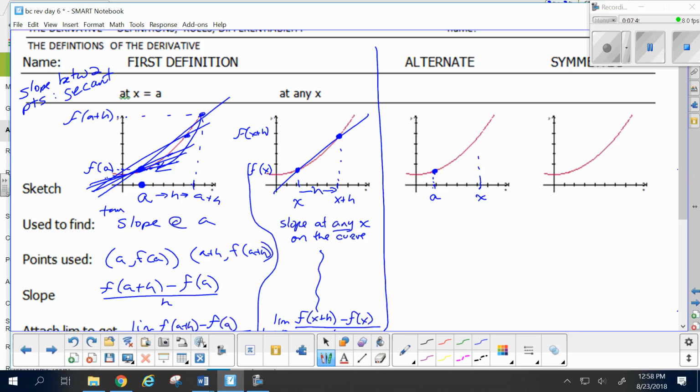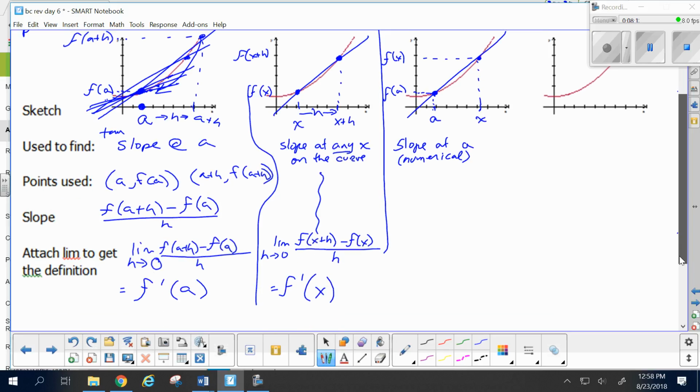X could represent any point on the curve. A is set in stone as a constant. Now this is going back to trying to find the slope at an a, so it should be a numerical value, an actual numerical slope at that one specific point.